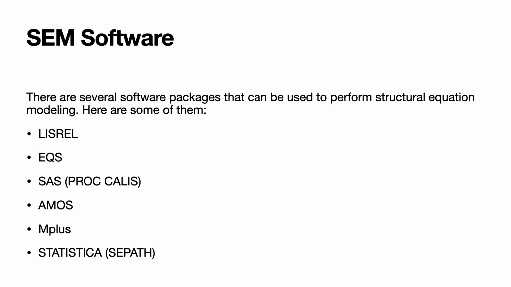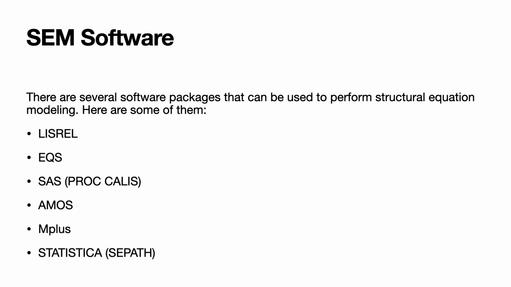Now, there are several software packages that can be used to perform structural equation modeling. Here's a partial list. LISREL and EQS were perhaps the first two structural equation modeling packages in existence. SAS has a procedure called CALIS that is used to perform structural equation modeling.